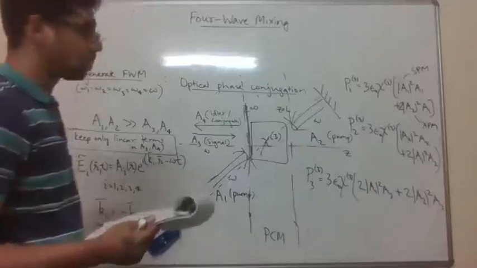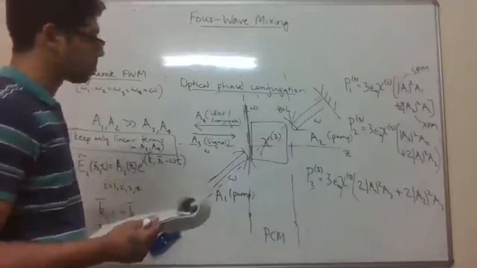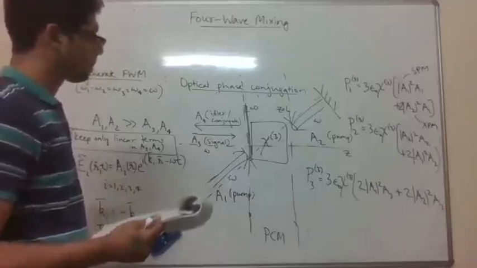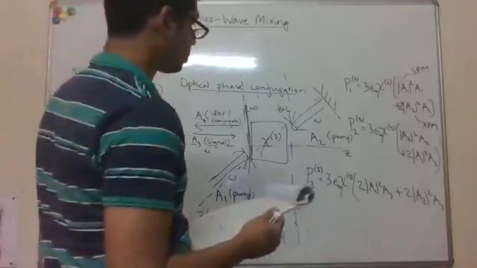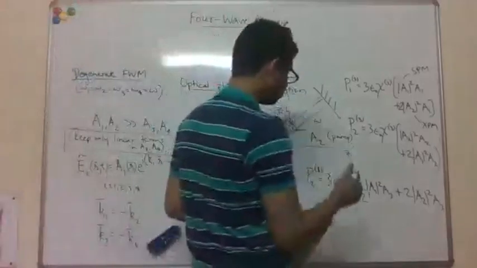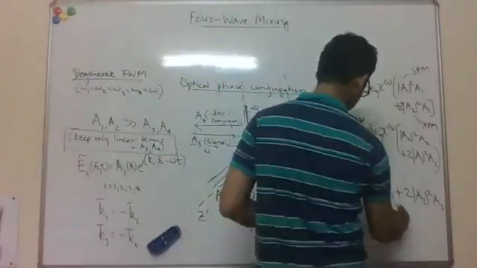A1, A2, and A3. Yes, I guess you could also have A1, A2, A3.